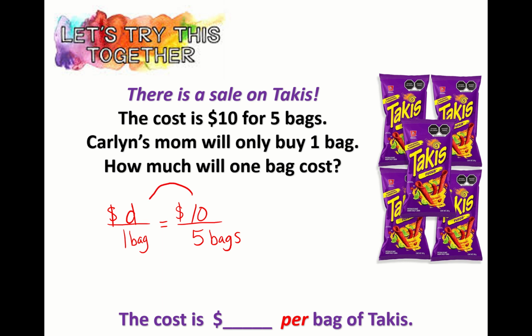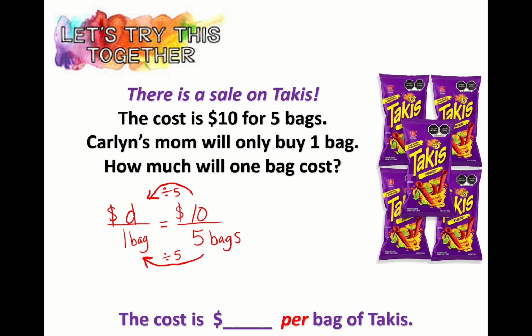And I'm going to point my first arrow to what I don't know yet, my second arrow in the same direction. I can't compare D and 10, but I can compare how I'm going from 5 bags down to 1 bag, and that is because I divide by 5. So if I divide by 5 down here, I need to also divide by 5 up here.